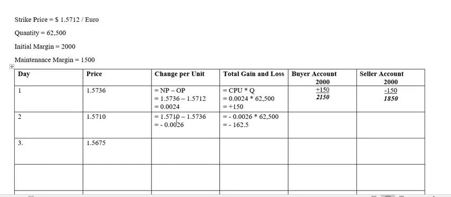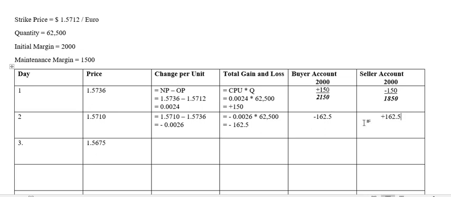Now, is it a profit for the buyer or a loss for the buyer? Let's see it with the help of the price change. Previously the price was 1.5736 and now it is 1.5710. Surely the price has gone down and it is a loss for the buyer. So we're going to subtract 162.5 from the buyer and add 162.5 to the seller.